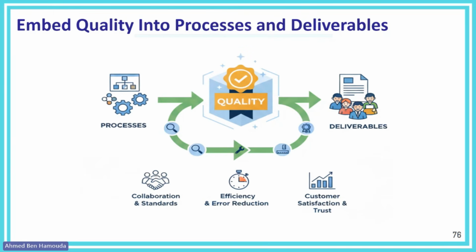Now, a third principle is embedding quality into the processes and also into the deliverables. Before, quality was all about deliverables, but now it's also about processes. Quality is the set of characteristics that the project deliverable needs to have in order to meet or exceed the target objectives.